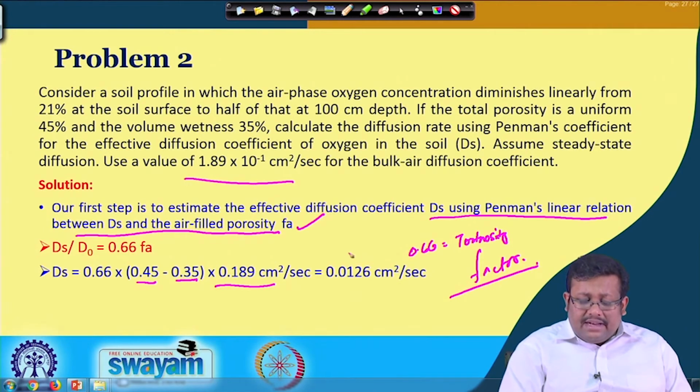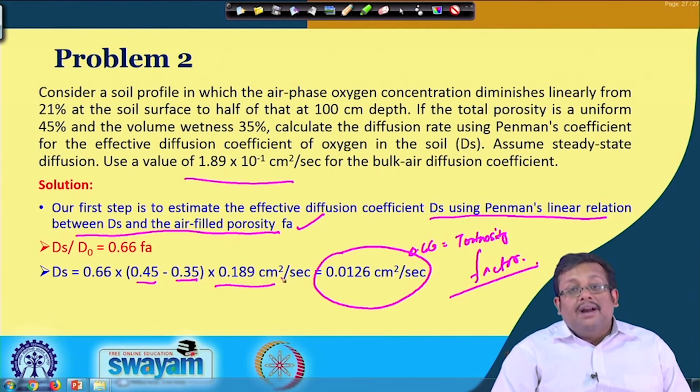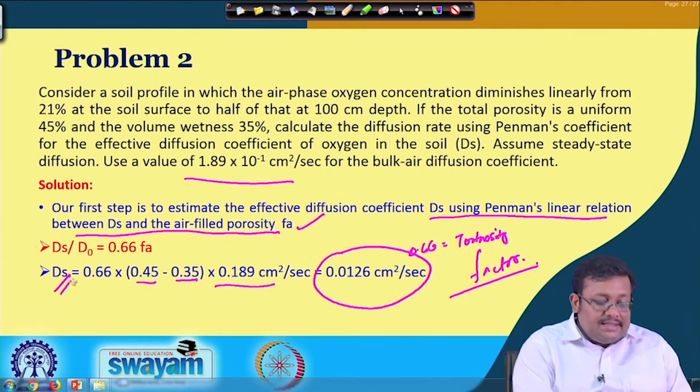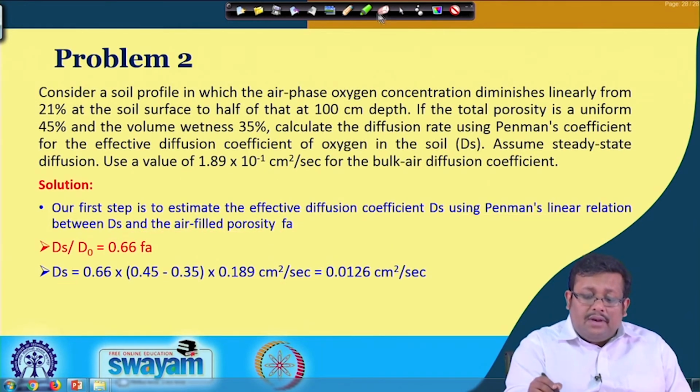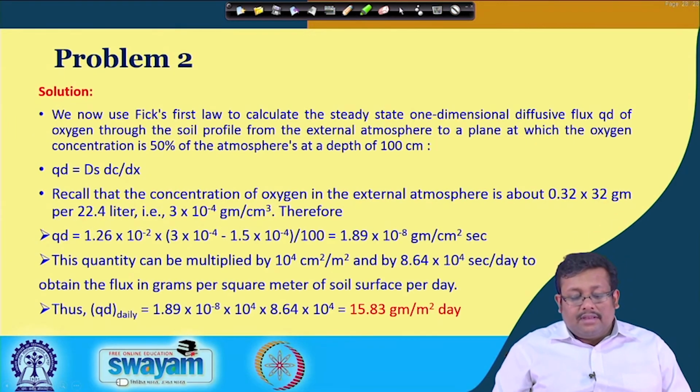So ultimately we are getting 0.0126 square centimeter per second. This is ds. Once we calculate ds, let us see what our next step is.